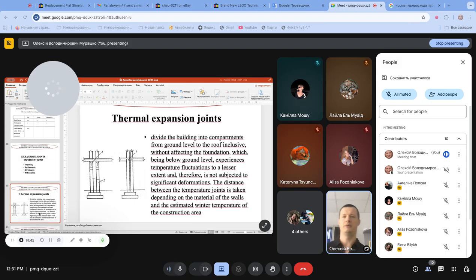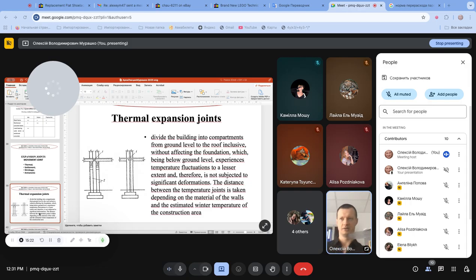So, first of all, we will consider the thermal expansion joints. Why do we have to take thermal expansion joints into account? Because all of us know that when we consider the impact of temperature, all elements can be extended by warm weather, and when we put an element in the fridge or refrigerator, it will contract.